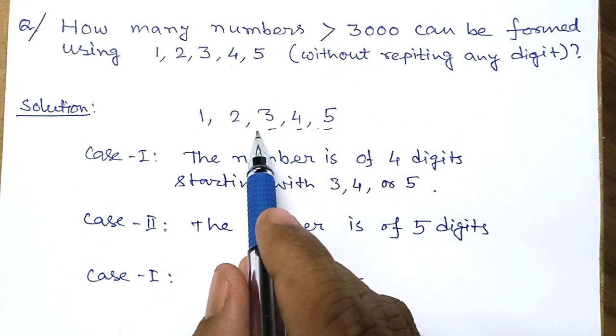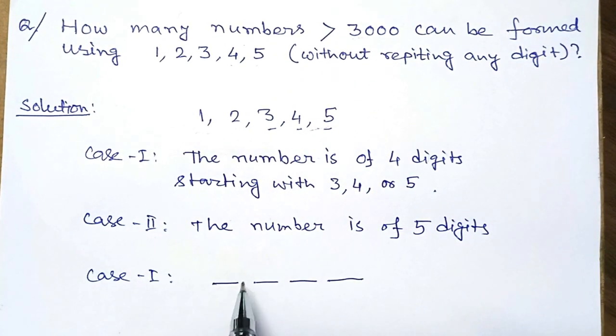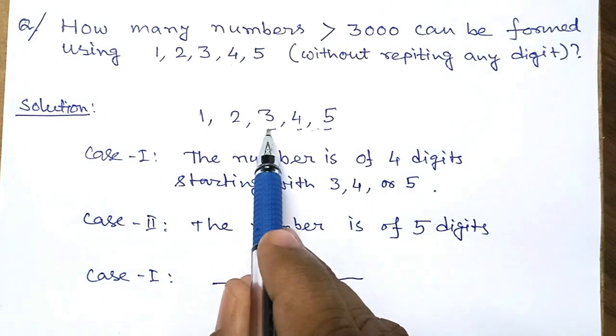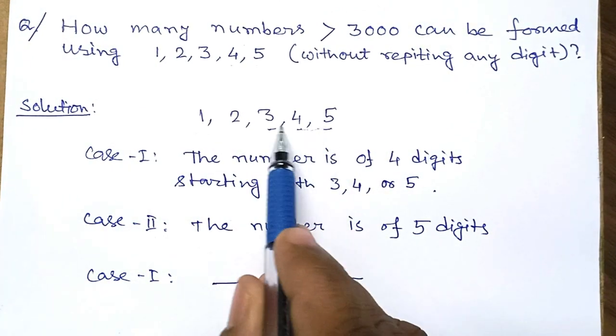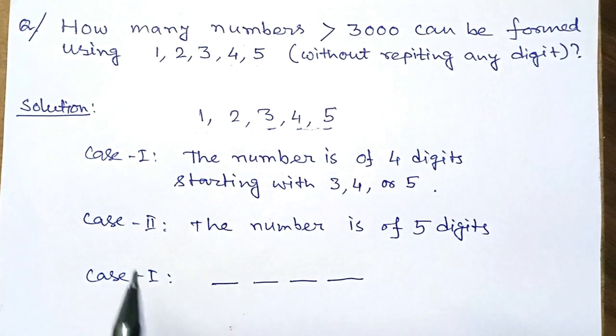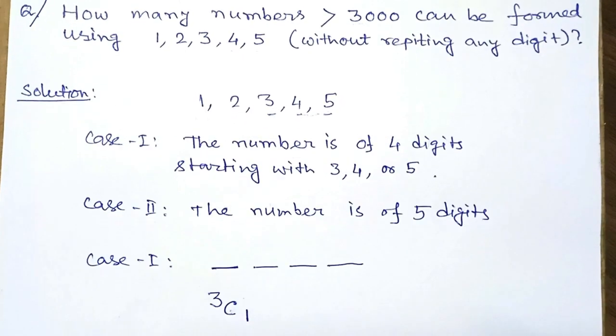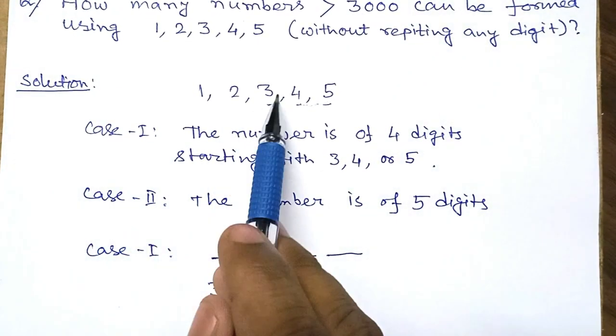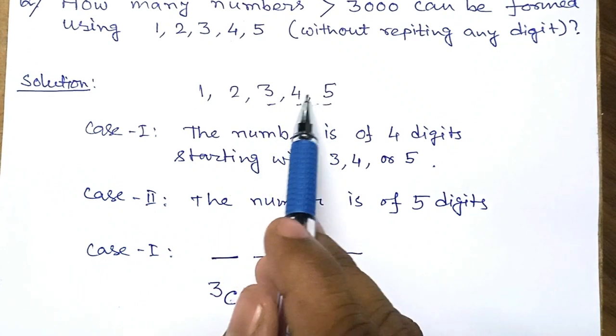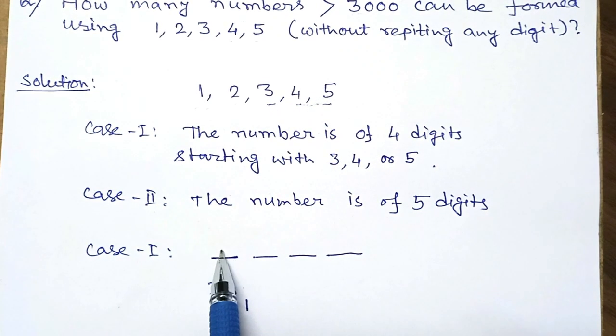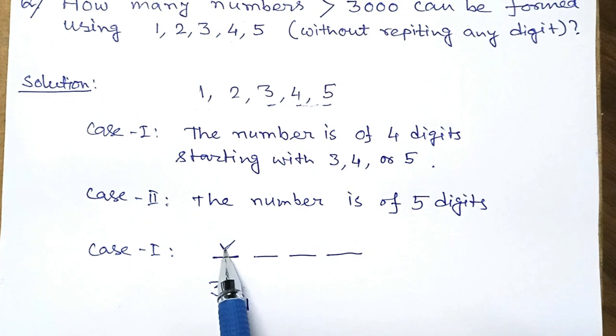So the first digit will be selected from 3, 4 or 5. From these 3 digits we select any one digit, so this selection we can do as 3C1. So this place is now filled.